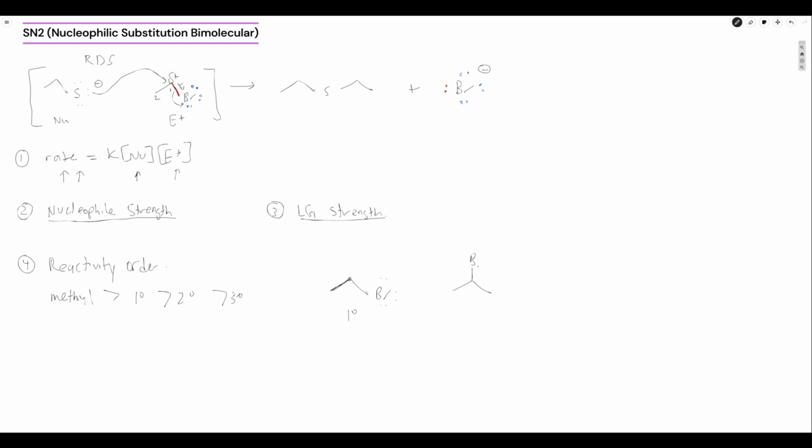Here we have a secondary alkyl bromide. Why? Because there's now two alkyl groups on the electrophilic carbon. And finally, there's tertiary. Why tertiary? Because this electrophilic carbon now has three alkyl groups.